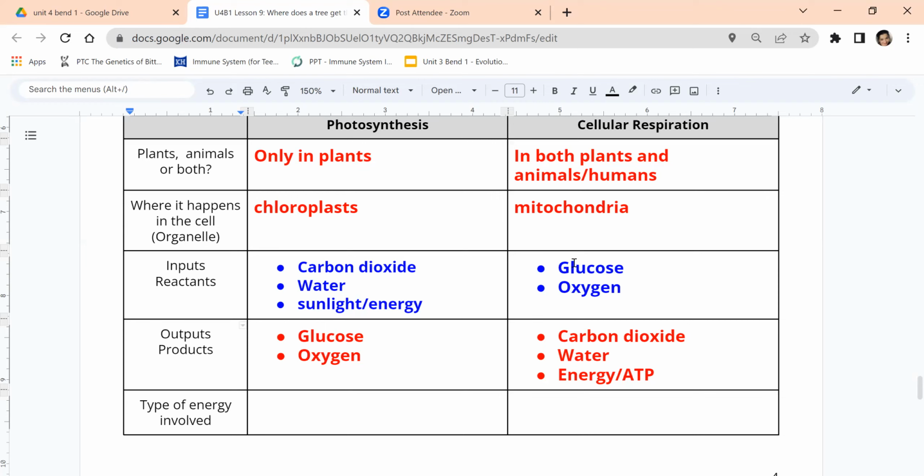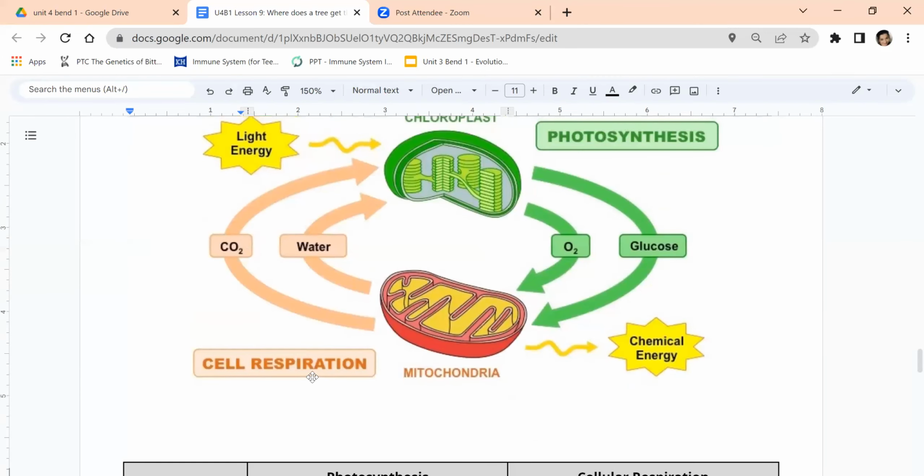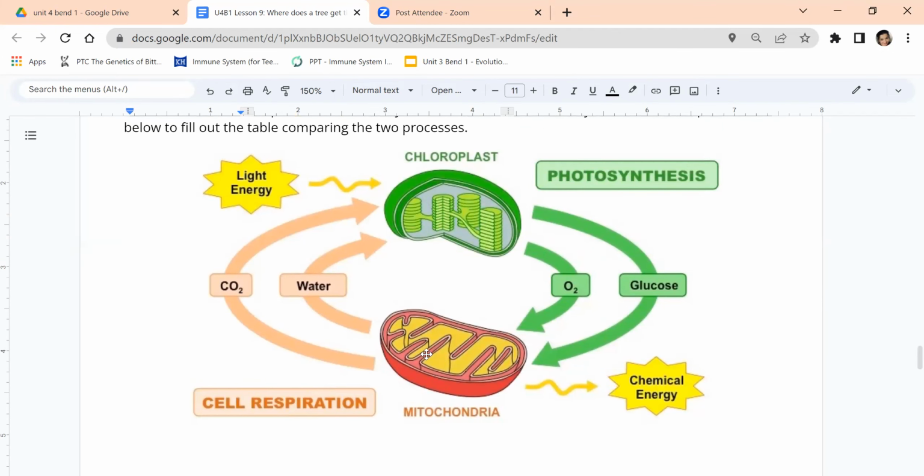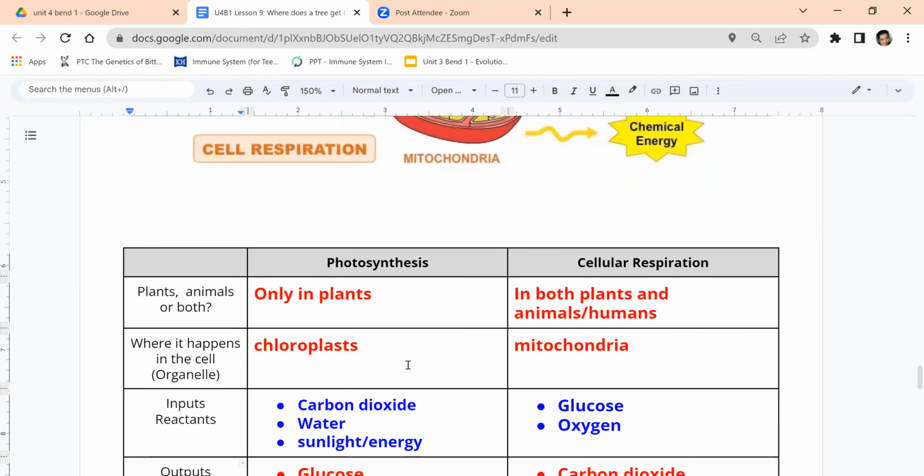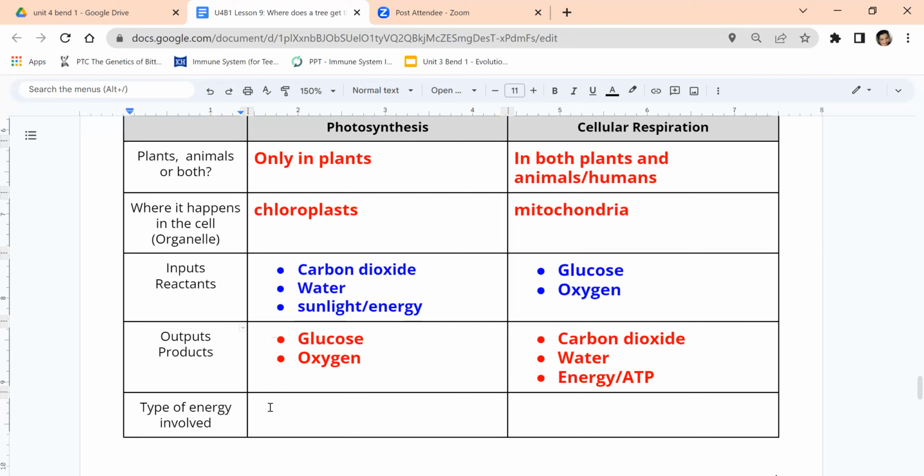And likewise, the inputs for cellular respiration are the same as the outputs for photosynthesis. So when you look up here, you see how cellular respiration produces carbon dioxide and water, which photosynthesis requires with light energy, and photosynthesis produces glucose and oxygen, which cellular respiration requires. It's a cycle that never ends.